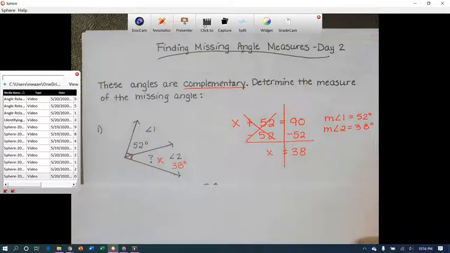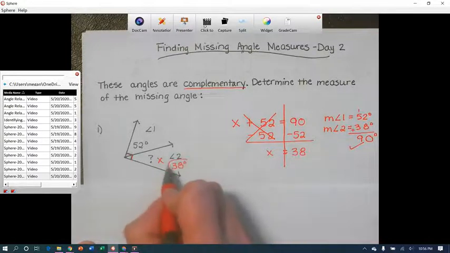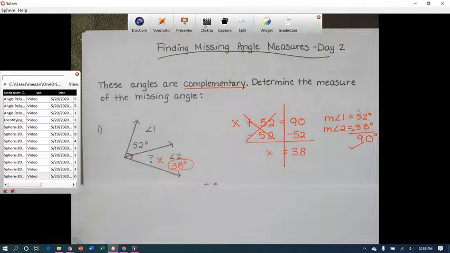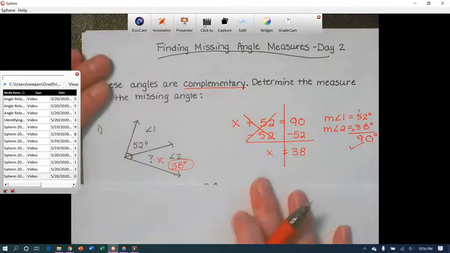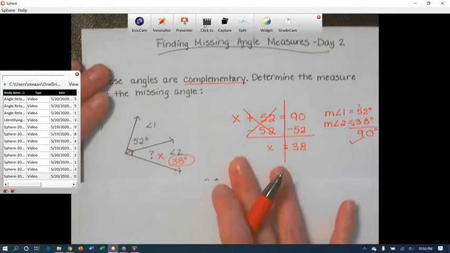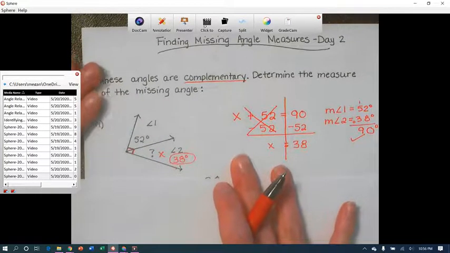If I add up 52 and 38, I'm going to check that really quickly. You should get 90. So this checks out, so I know that the measure of angle 2 is 38 degrees. So that's an example of those two complementary angles that were adjacent.